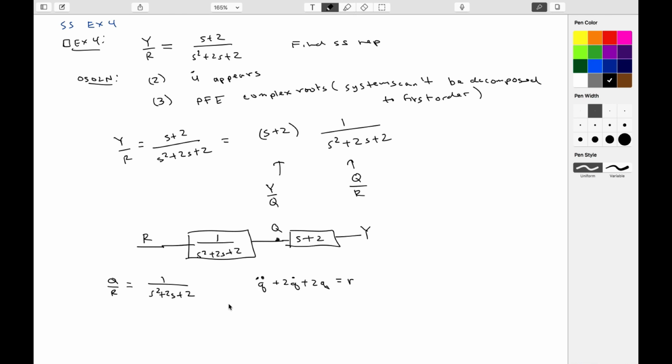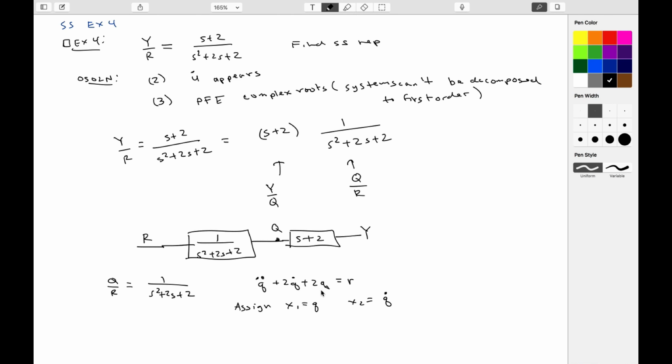And what we'll do is assign states in the following way. Assign x1 is equal to q, and x2 is equal to q dot.